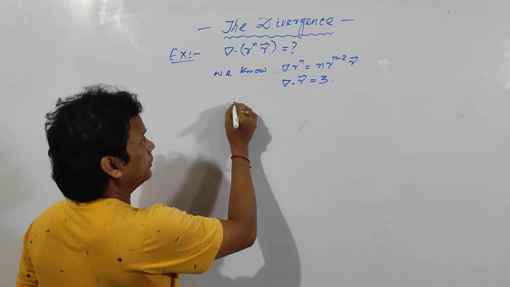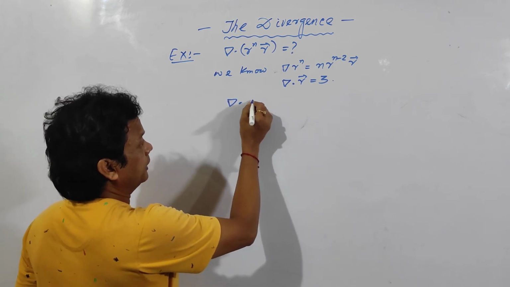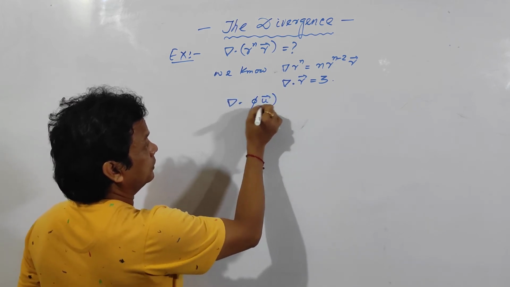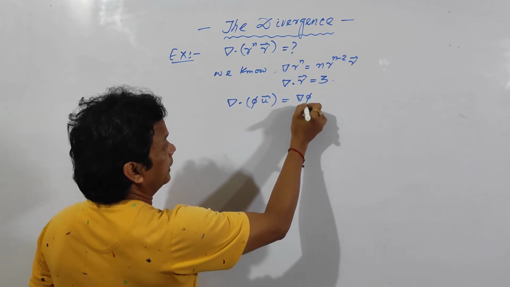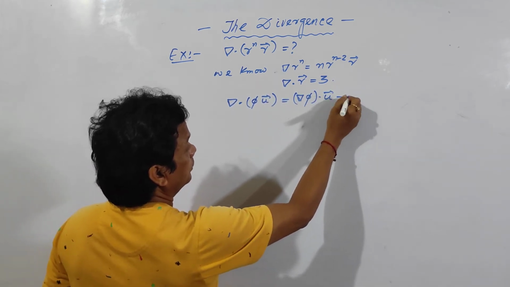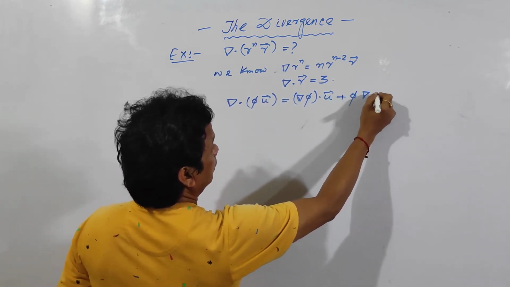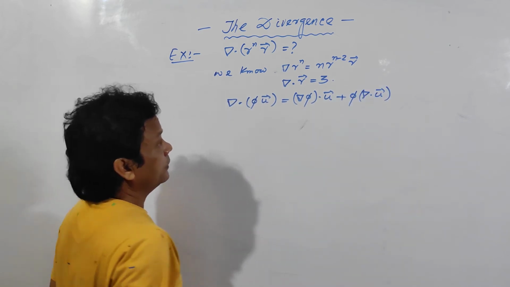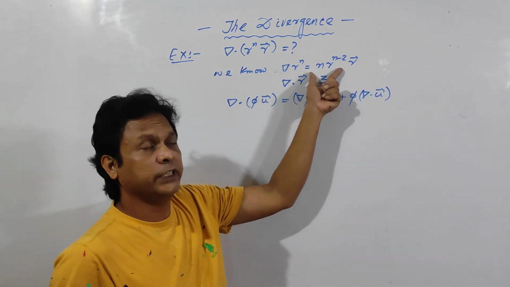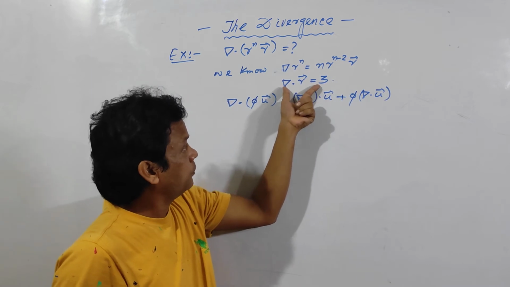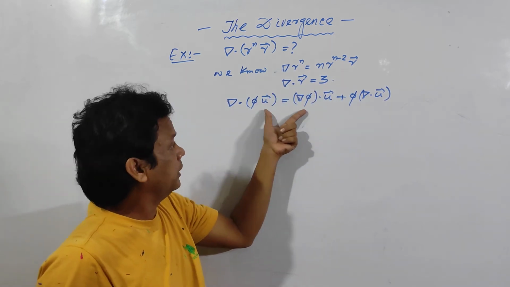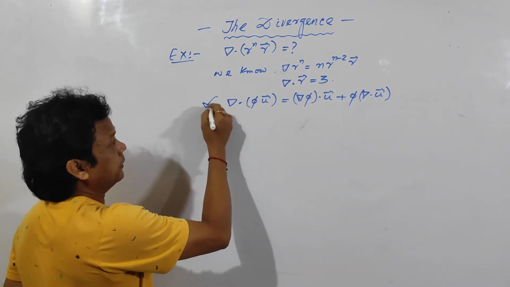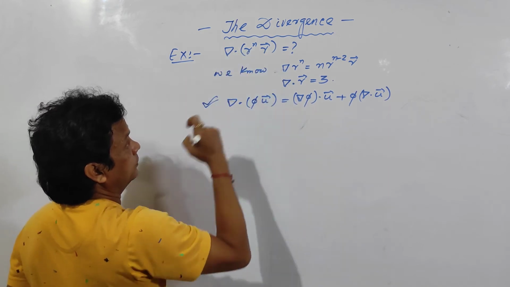Here again I have proved the second property, del dot phi u is equal to del phi dot u plus phi del dot u. Clear? This one I have proved in the previous video. Today I have proved this one, del dot r vector is equal to 3. So apply this property to del dot phi u.